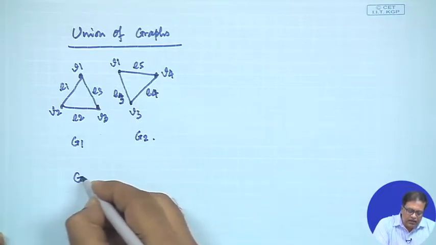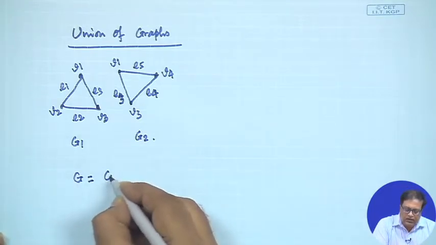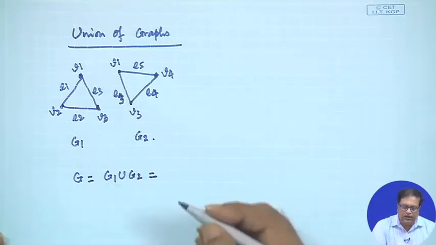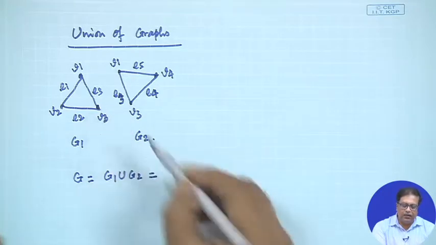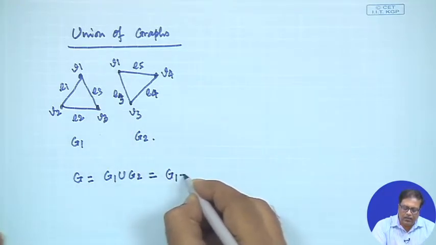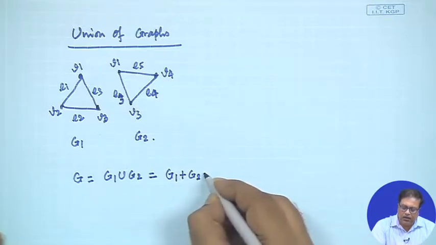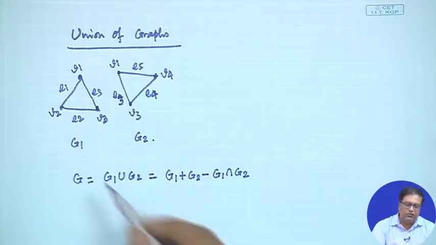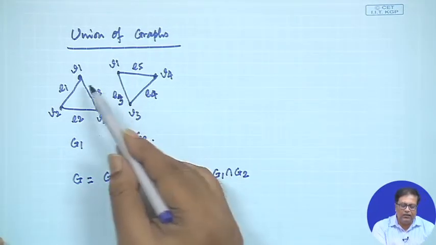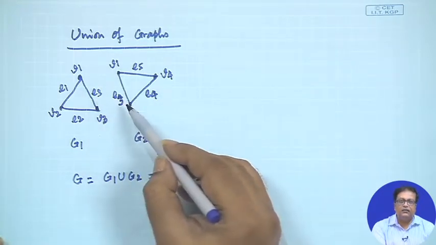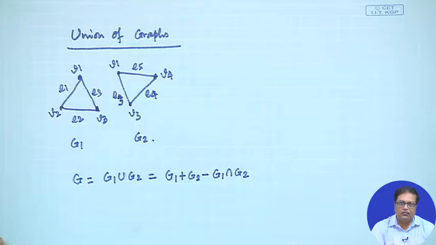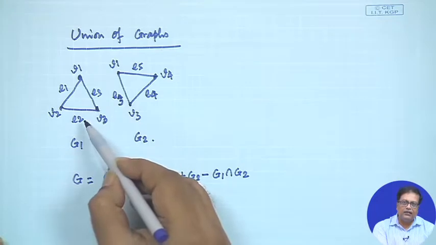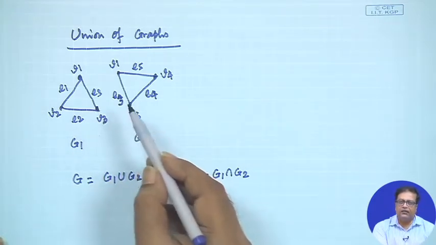If I have the resulting graph G, which is a union of G1 and G2, then we have to add G1, add G2 and minus the intersecting portion. If you add them, V1, V3 and E3 will come twice, because the common portion comes from both the graphs. So, you have to retain only one set and forget the other set.